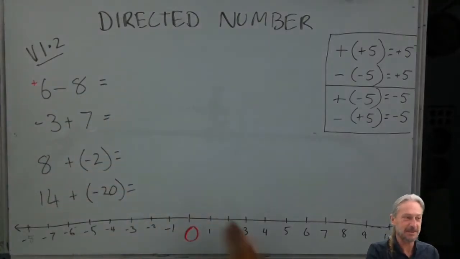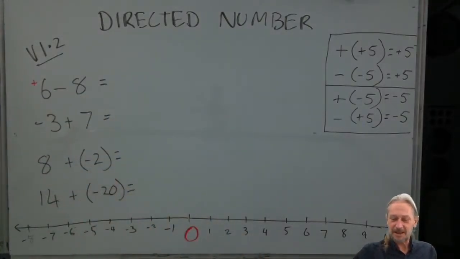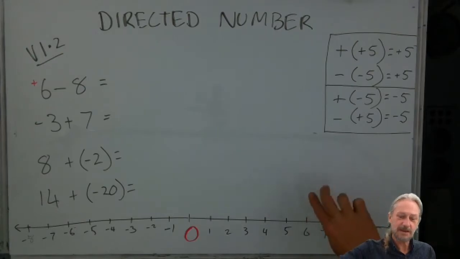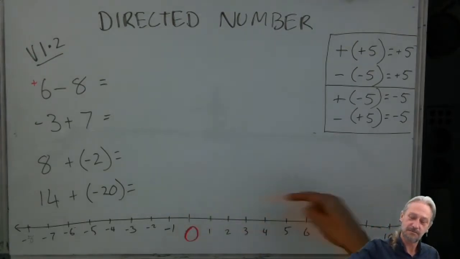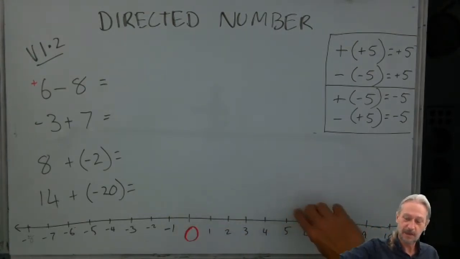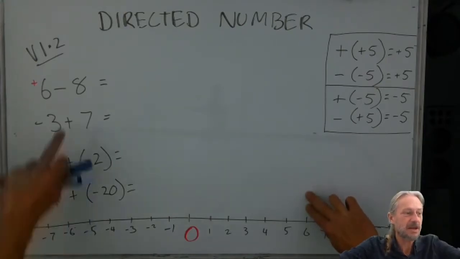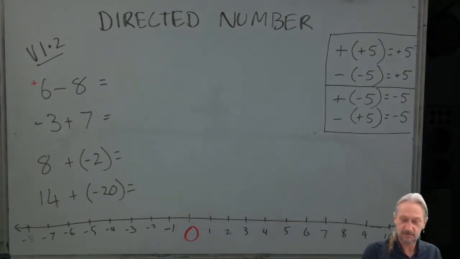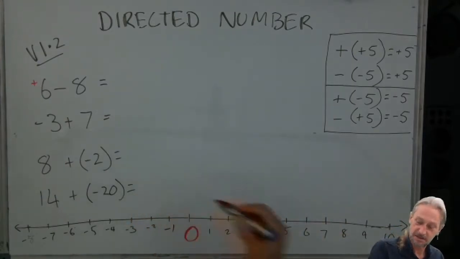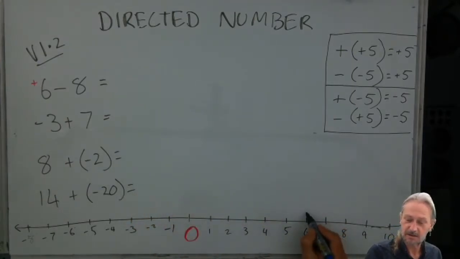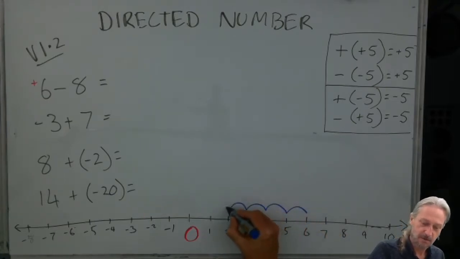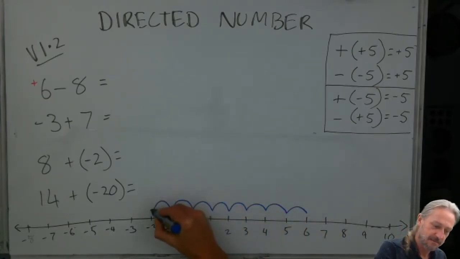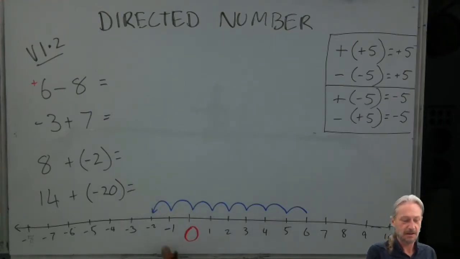So really, this is it. We start at 6, we face the negative direction, so we're facing this way, and because we're taking away positive 8, we take 8 steps forward. So we're going this direction because we're subtracting: 2, 3, 4, 5, 6, 7, 8, and we end up at -2.